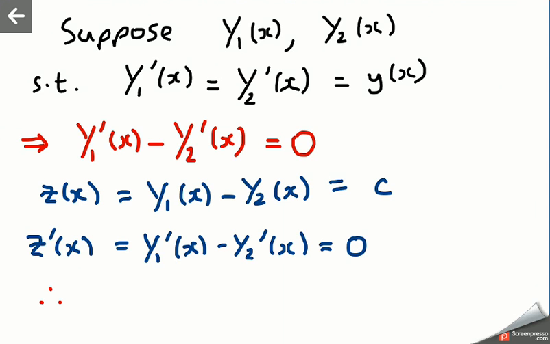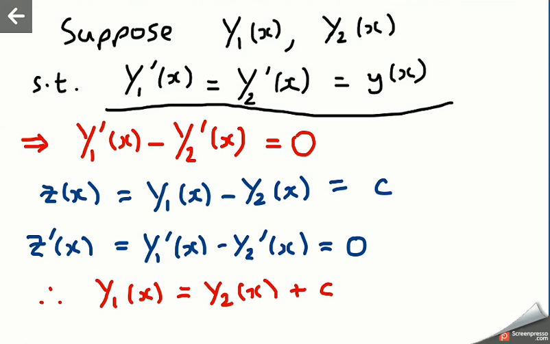Therefore, since Y1 of x minus Y2 of x is equal to a constant, that tells me that Y1 of x is equal to Y2 of x plus some arbitrary constant c. So what we just worked out is that if two functions both differentiate to give the same thing, then they must differ by a constant. One of them has to be the other one plus some constant.